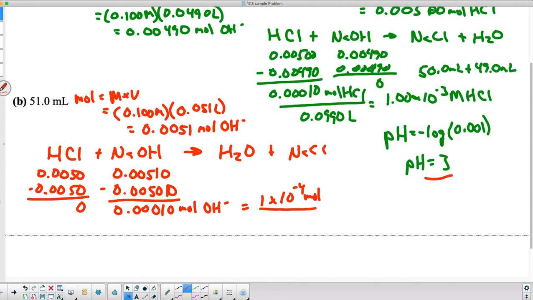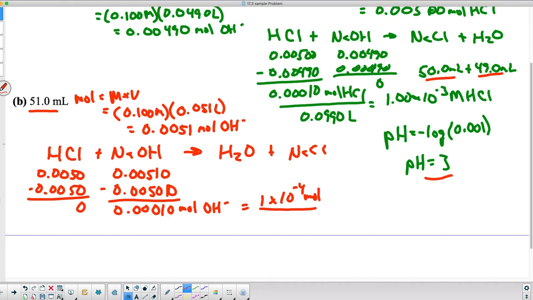I divide it by the total. Now the total is going to be a little bit different, because before it was 0.05 liters for the acid, I'm talking about up here. It was 50 milliliters plus 49 milliliters. Now it's going to be 50 milliliters plus 51 milliliters.